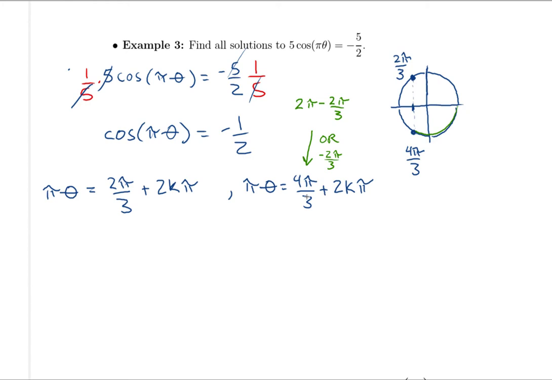All right, but now we've got to go ahead and get the theta all by itself. So I'm going to take both sides of this equation and multiply by 1 over pi. And again, I put 2k pi in there before I ever thought about getting theta by itself. So I'm going to multiply by 1 over pi here.